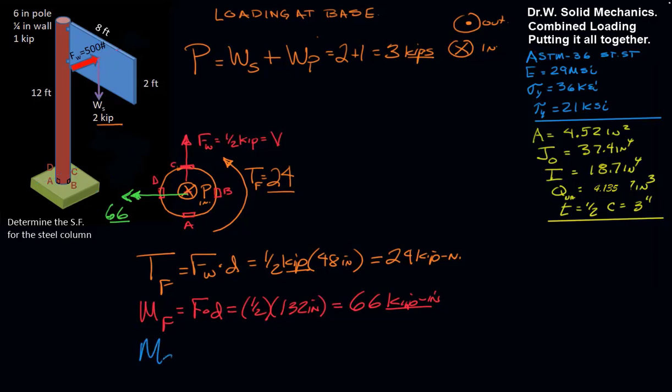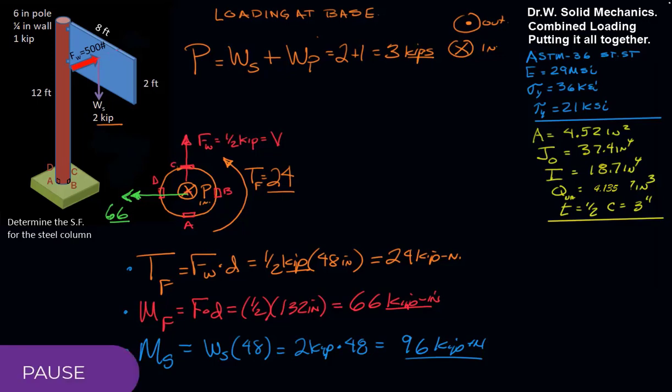So the moment due to the sign's weight, and it pays to notate all of these, we have the weight of the sign times the distance, which is 48 inches, 96 kip inches, and that will act.